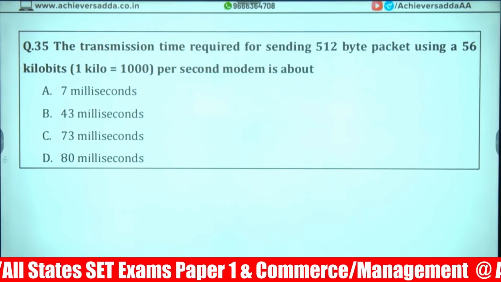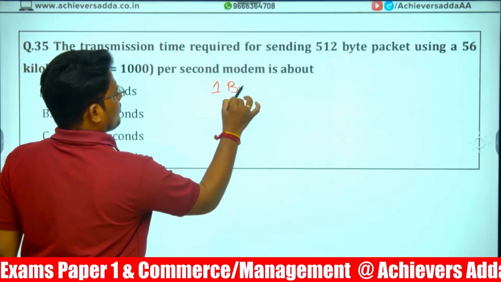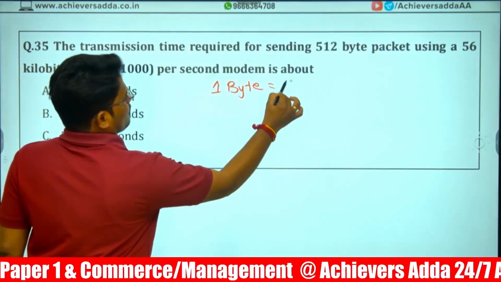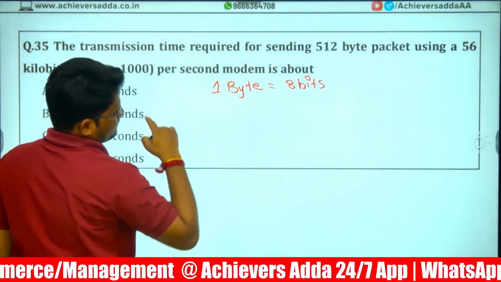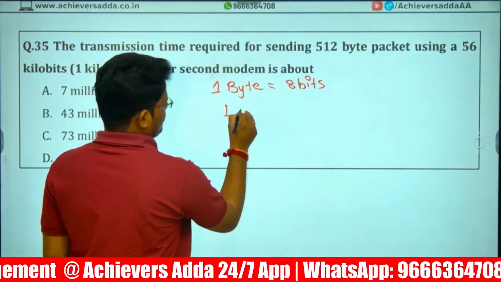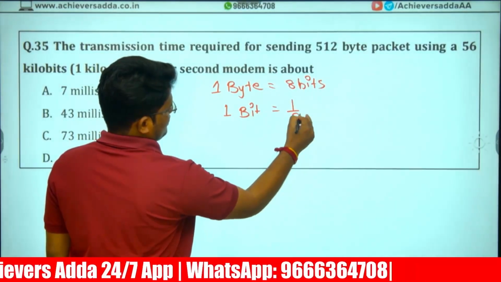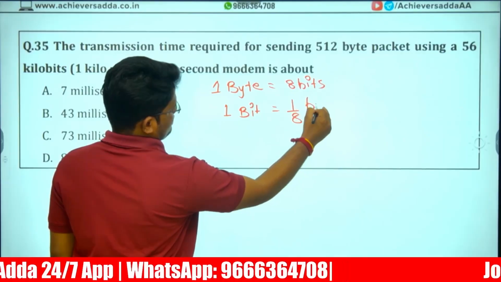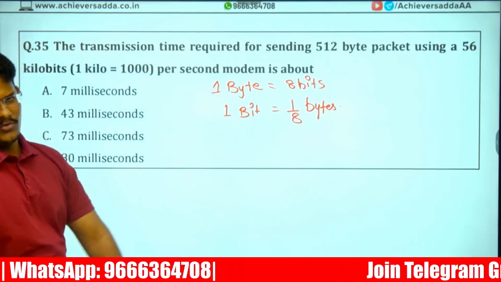I told you 1 byte equals 8 bits. Right? So 1 bit equals 1 by 8 bytes, and 1 by 8 is nothing but 0.125.